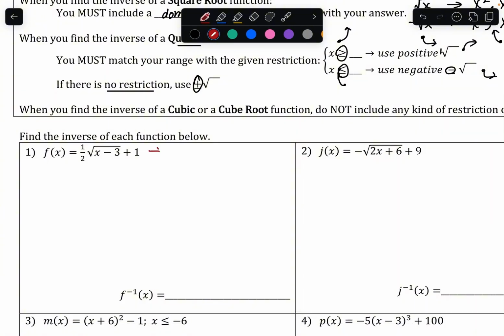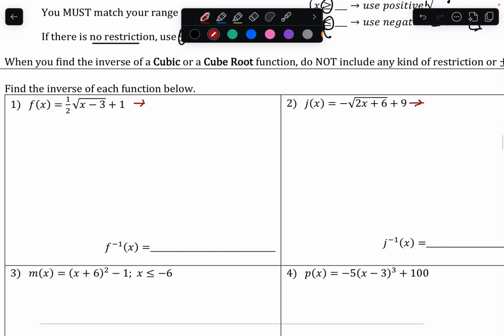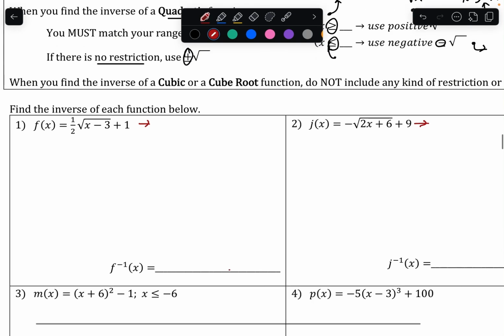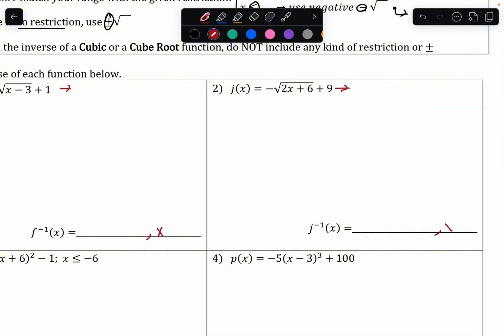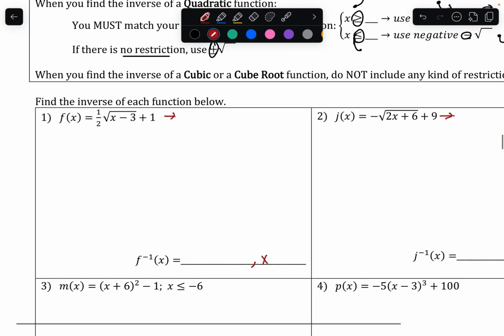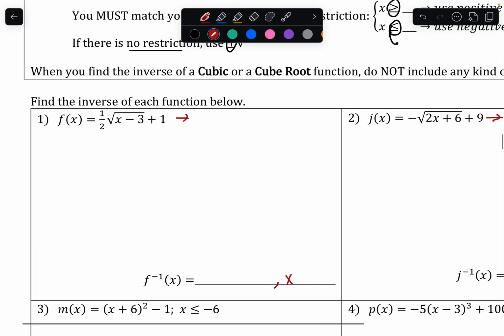Okay, so our first two examples, our functions are square root. So the first thing we want to do is remember that we're going to have a domain restriction for square root for our final answer. So I'm going to go ahead and write a comma and then an x to start those domain restrictions. And so how you find the domain restriction is look at the range of your original function.